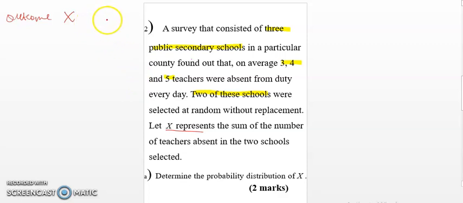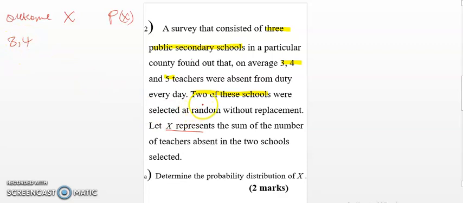We also have the probability of X. The first thing to consider is that 2 of these schools were selected at random without replacement. 2 meaning we can take the first 2 schools, where on average you have 3, 4, and 5 teachers absent. So let's consider the first 2, which is 3 and 4. Let that be our outcome.